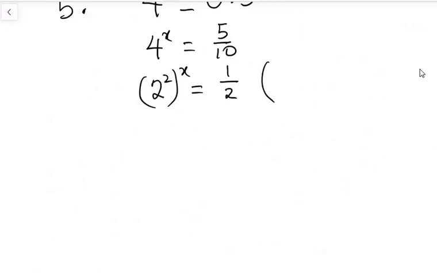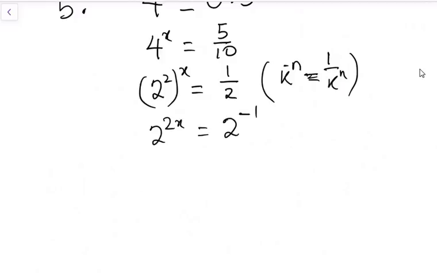If we apply the law of indices, where we have 1 over k raised to the power n, this can become 2 raised to the power 2x and 2 raised to the power minus 1, applying the reciprocal. And if the 2 whole numbers cancel on both sides, we have 2x equals minus 1.